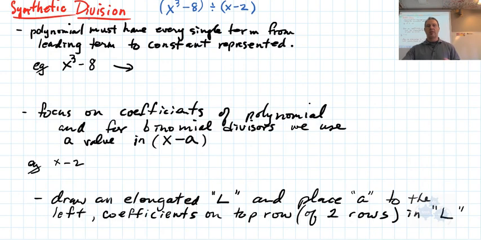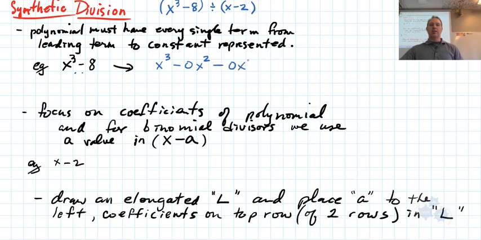There's a few things that need to happen in order for this to work. The first thing is the polynomial, which would be this one right here, x cubed minus 8 in our example, must have every single term from the leading term all the way down to the constant represented. As you can tell here, there's no x squared term and there's no x term, so we have to include those, and we give them each a 0 coefficient.